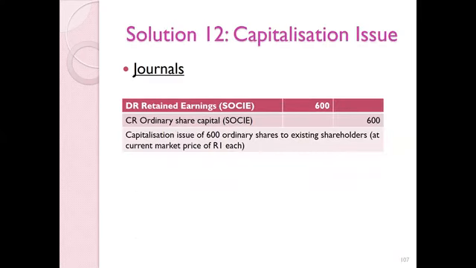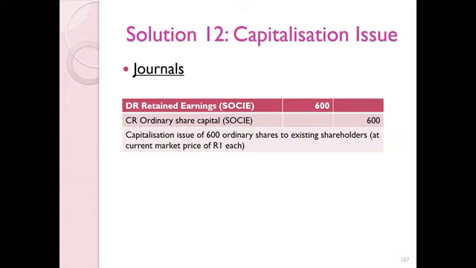And so we said we are giving share capital to our shareholders, 600 shares at a price of R1 each. So credit our ordinary share capital with R600. We are issuing those shares to the shareholders, and we said they're going to be paid for, but who's going to pay for them? Normally, the shareholders would pay us and we would debit bank, but in this case of a capitalization issue, it's going to be paid for by the company using their retained earnings.